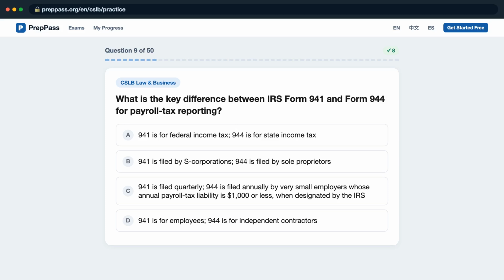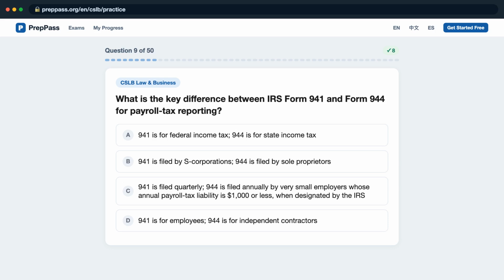Question 9. What is the key difference between IRS Form 941 and Form 944 for payroll tax reporting? Is it A, 941 is for federal income tax, 944 is for state income tax? B, 941 is filed by S corporations, 944 is filed by sole proprietors?